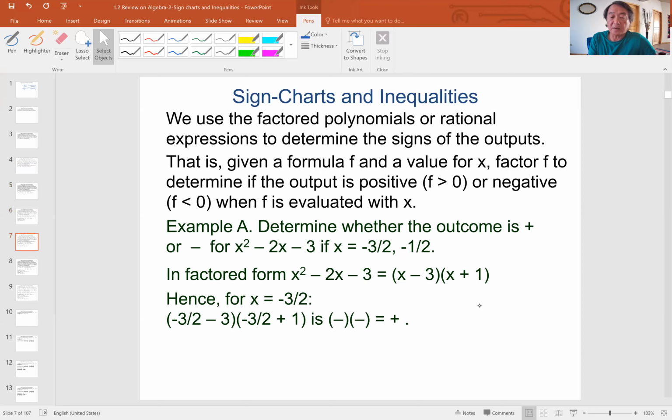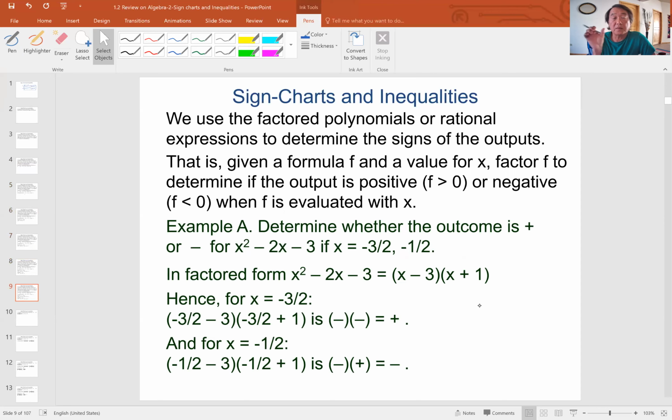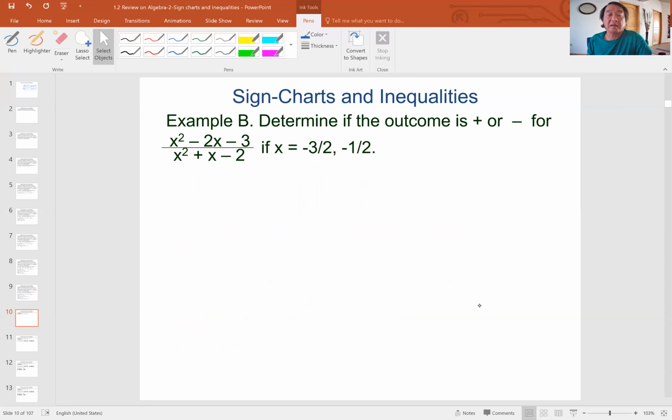If we plug in -3/2, it's going to be minus times minus, plus, and it's -1/2, then we're going to get a minus, because the two parentheses are going to be negative and positive. In other words, we can determine the sign easier than plugging in the number and finding the output. If it's factored, we can multiply the signs of each factor.